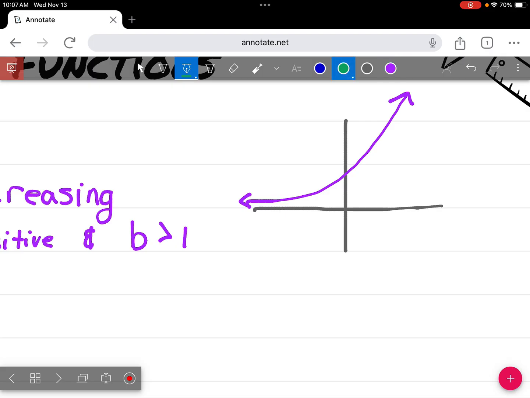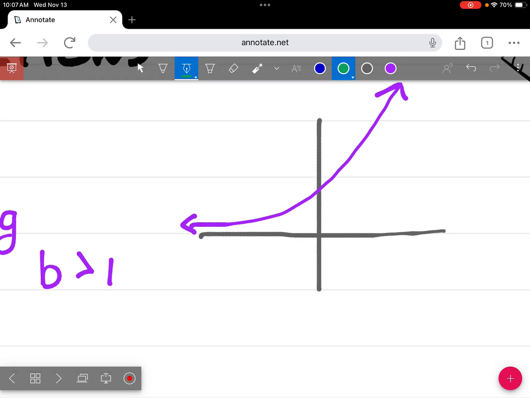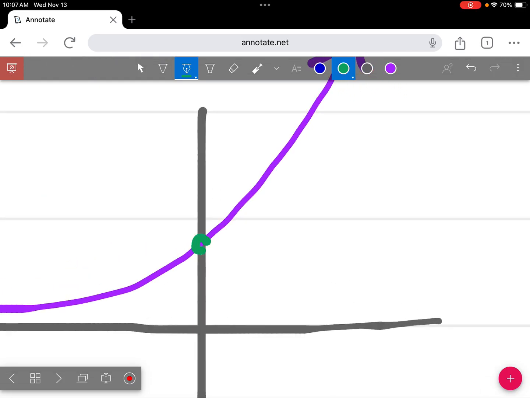Tying in some of the pieces from that first page of a gabillion pieces of information. This point right here, that's going to be our A, our y-intercept for the most part.